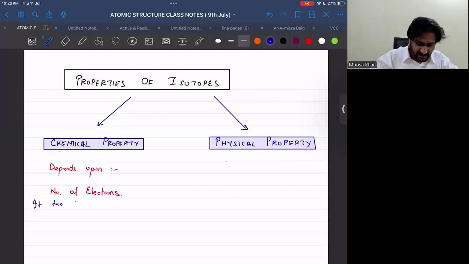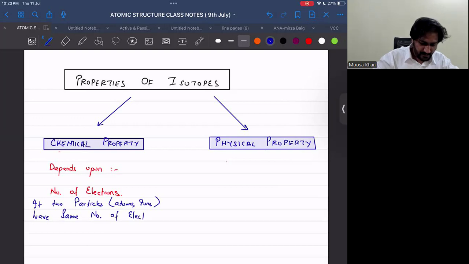If two particles, they may be two atoms or they may be two ions, have the same number of electrons, they have the same chemical properties.